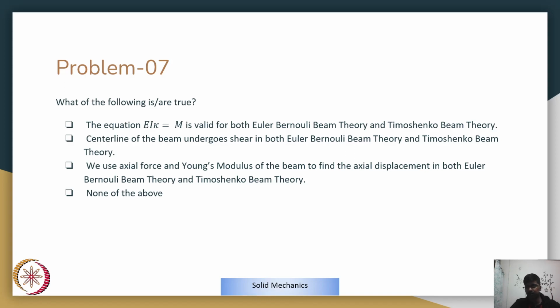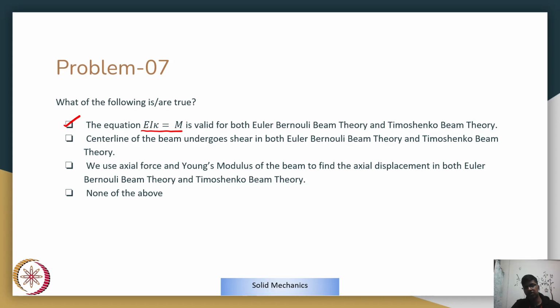We were not studying any particular beam model or any particular beam theory like the Euler-Bernoulli beam theory or the Timoshenko beam theory. This equation EI kappa equal to m is valid for beams in general, so it's valid for both the Euler-Bernoulli beam theory and the Timoshenko beam theory. So the first statement is true.